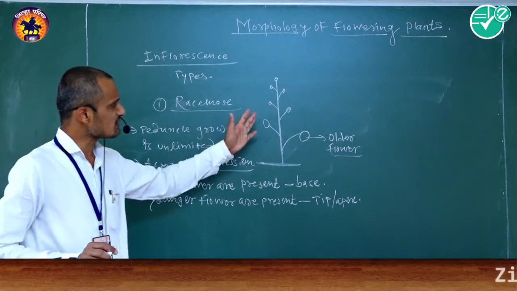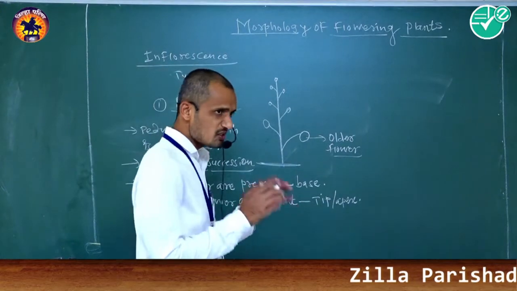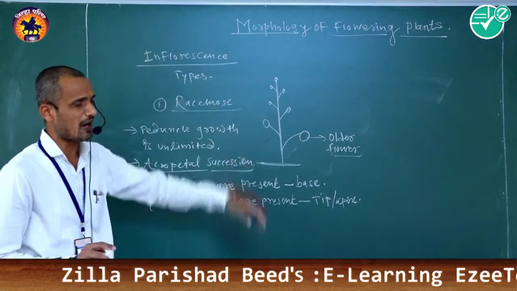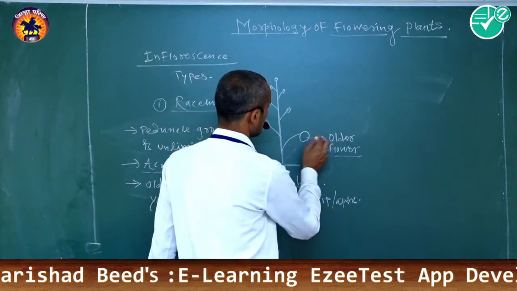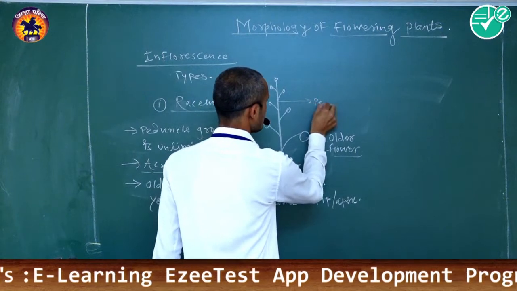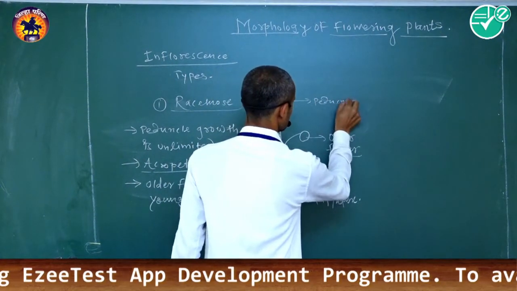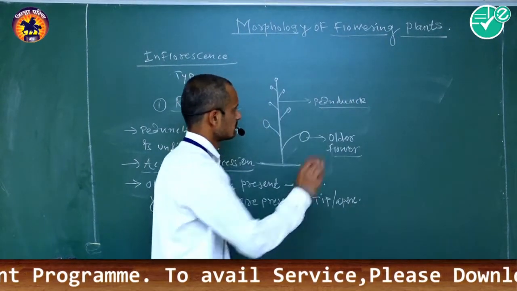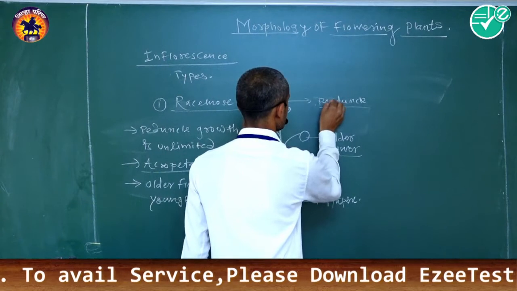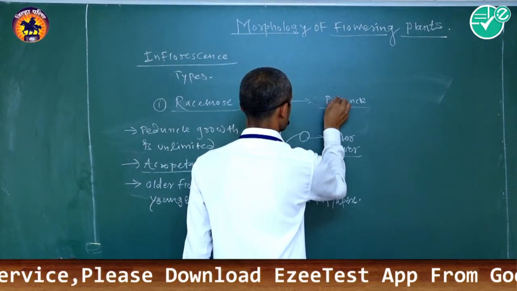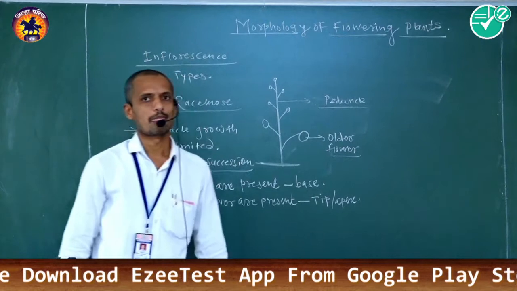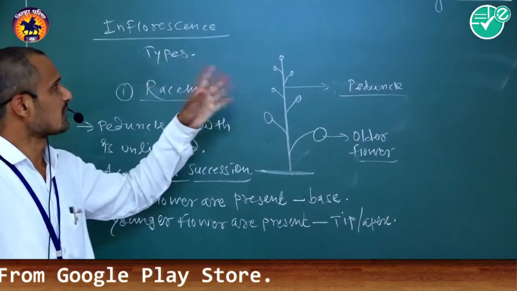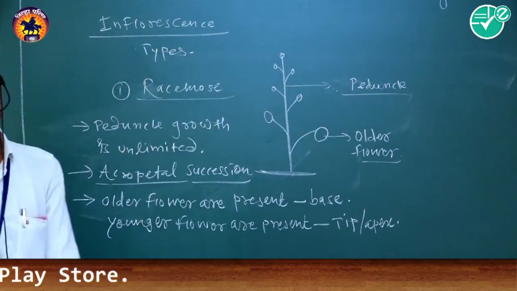The growth of the peduncle is unlimited, because a typical structure of inflorescence consists of two parts. First one is the peduncle and second one is the flowers.